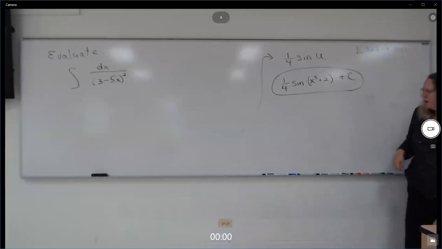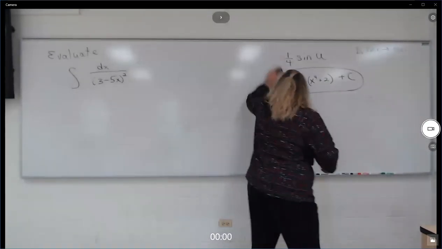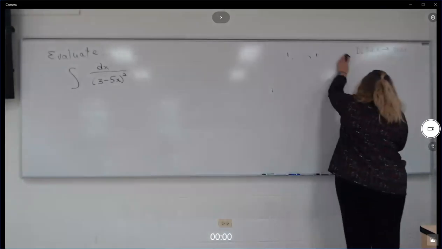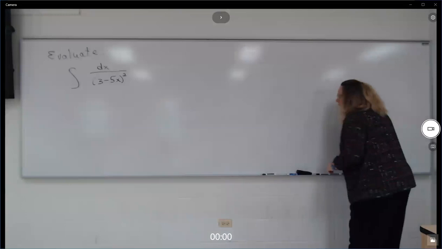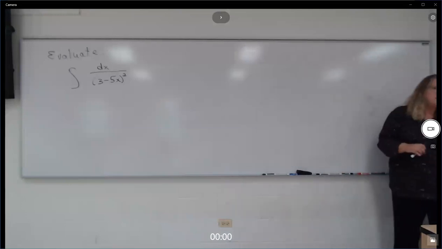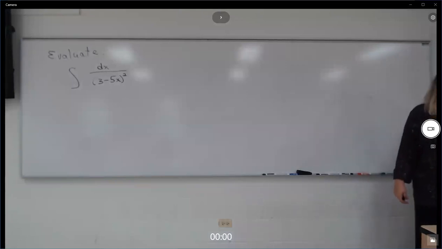So a couple things. Let me look at this. We really only have one thing, which is kind of nice, because that one thing, then we don't have a choice. That one thing will be the u. Remember, don't take the extra piece with it.